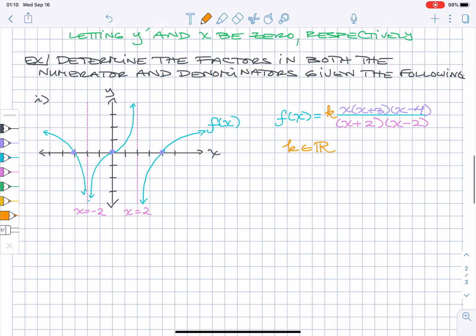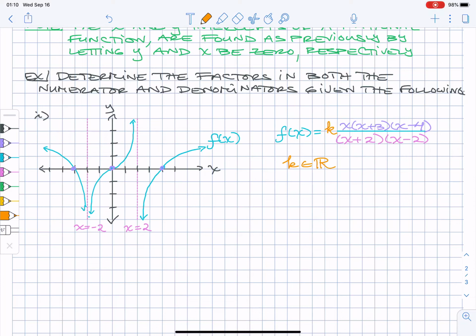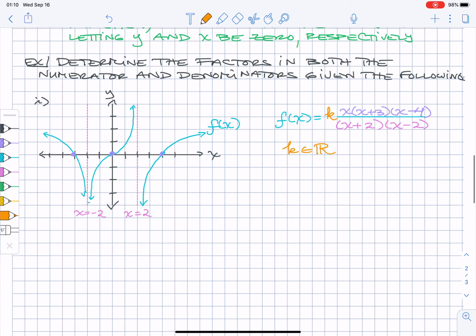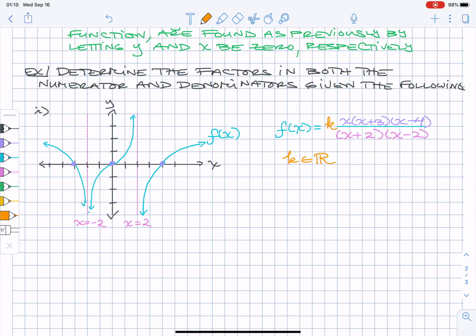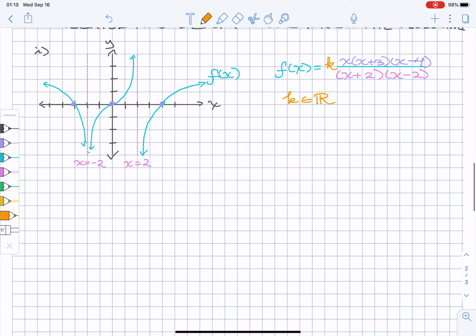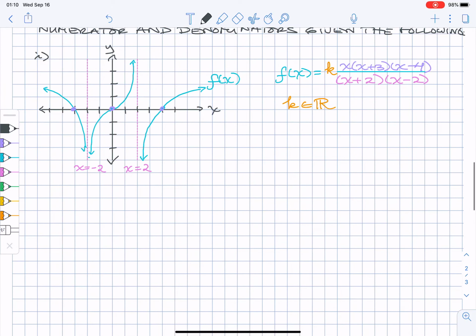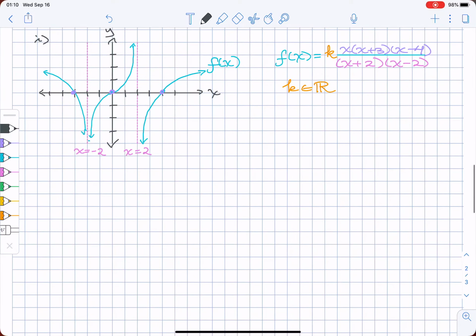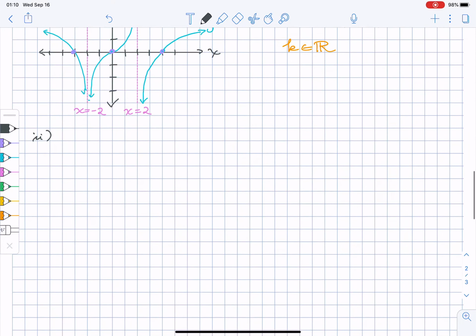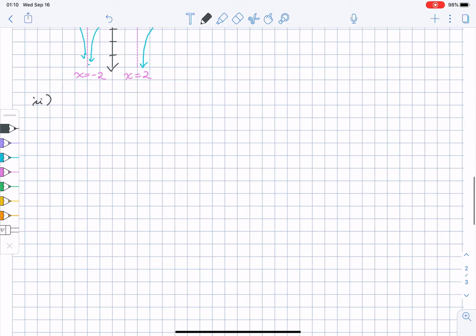So this would be an estimate to the function graphed here, because it has all of my x-intercepts or zeros in the numerator, and it has the vertical asymptotes in the denominator, because thou shalt not cross a vertical asymptote, because it's a 0 of the denominator. Okay, so number 2. Let's see, what shall we do? So let's do x and y coordinate axes again.